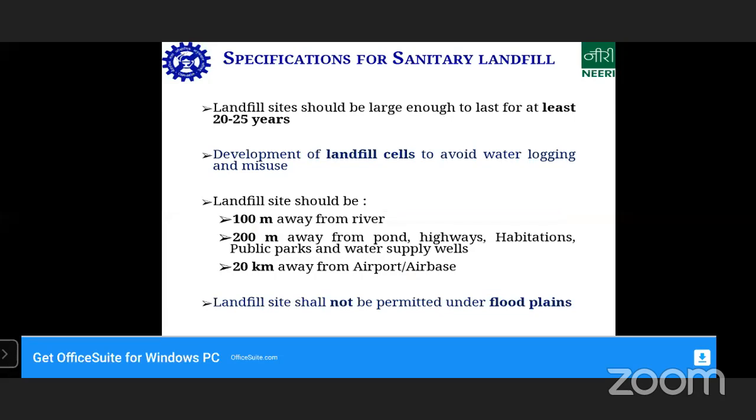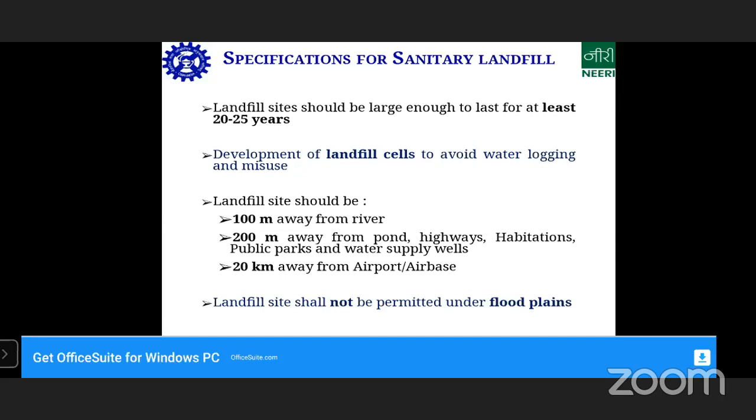Landfill sites should be large enough to last for at least 20-25 years. That means you have to design your landfill for 20-25 years. During the monsoon, you have to take care of the waterlogging issues. Other conditions are also there, like it should be at least 100 meters from a river, 200 meters from a highway, habitations, public parks, and water supply systems.